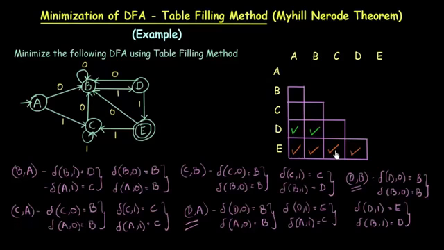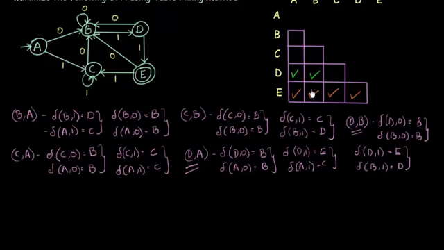Now let us come to the next one. The next one is DC. So I'll write it here. For DC, D on getting input 0 goes to B, and C on getting input 0 also goes to B. And since BB is not a pair in our table, no need to do anything.